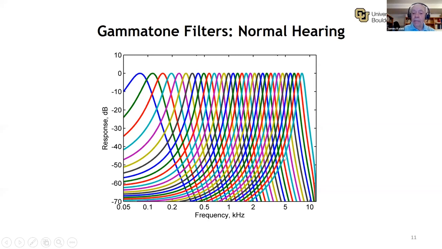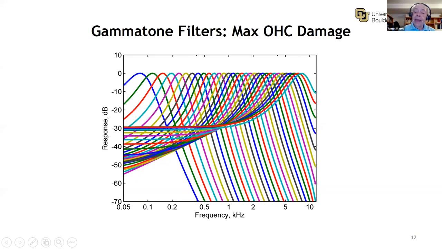When we model impaired hearing, we make the filters broader, and we also change the filter shape. If we just look at, say, this highest one, which in our system is a filter with a center frequency at 8 kilohertz, we can see how much broader that filter gets with the maximum amount of hearing damage that we can represent.